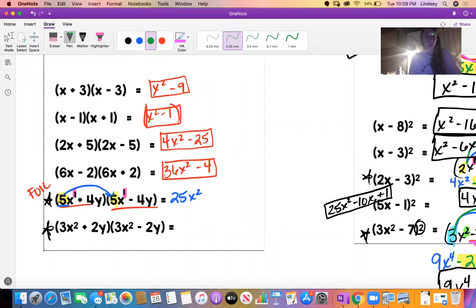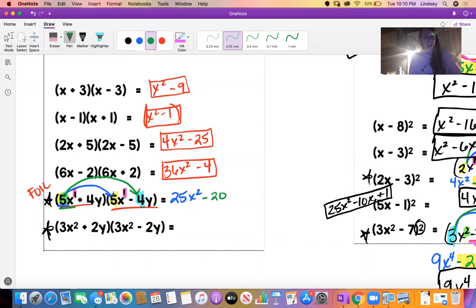Next, we do outer. I have 5x times a -4y. So once again, we multiply coefficients and add the exponents. So 5 times a -4 is going to give me a -20.